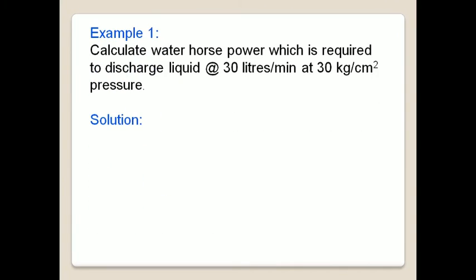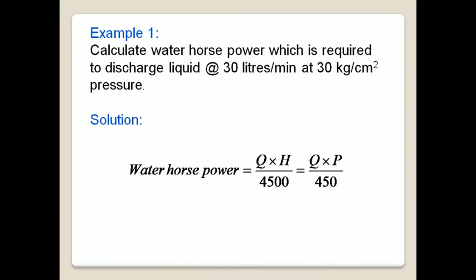Then there are some examples. Calculate water horsepower which is required to discharge liquid at the rate 30 liters per minute at 30 kg per centimeter square pressure. So two things are given, discharge rate and the pressure. So we'll calculate first.